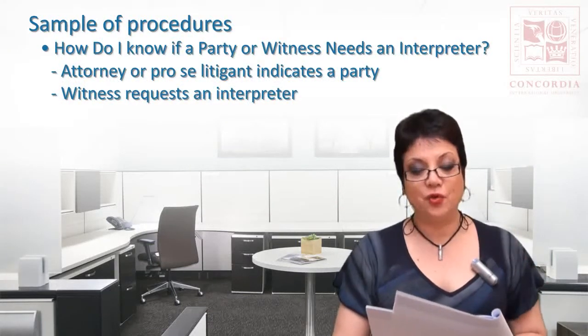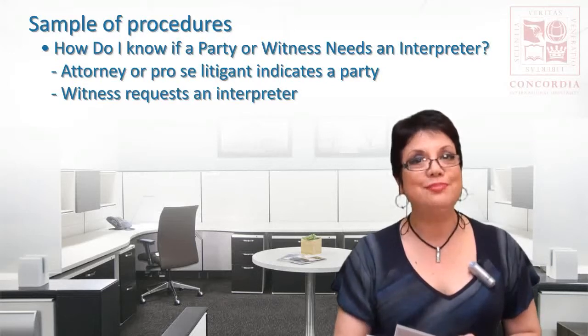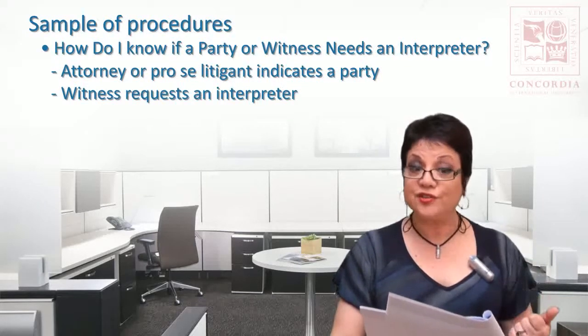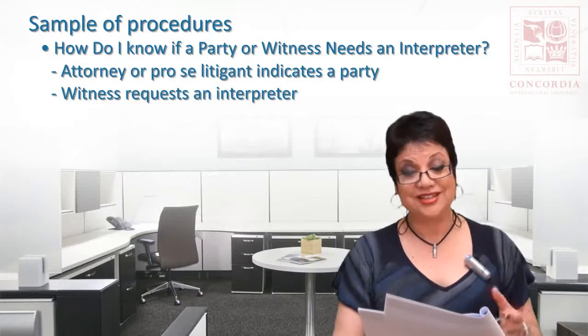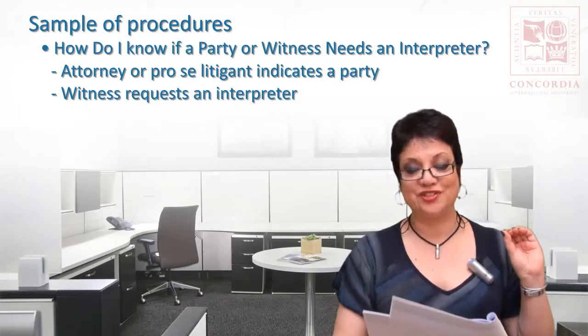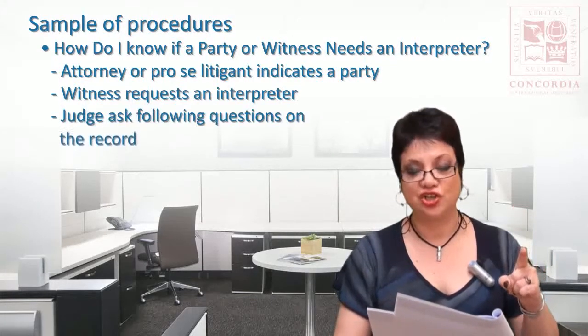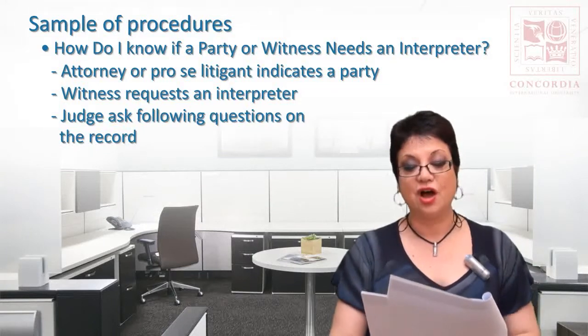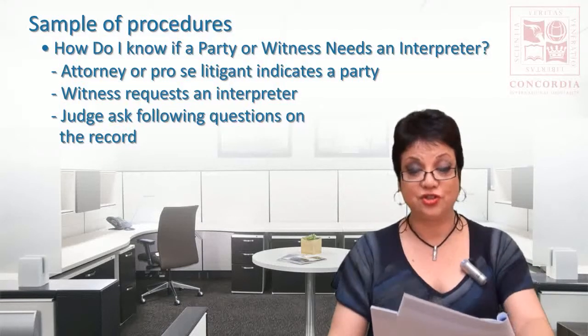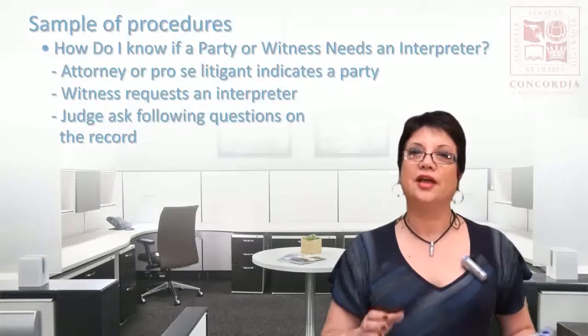If a request for an interpreter is not made, but it appears a party or a witness has limited English proficiency, a judge should ask the following questions on the record to determine if an interpreter is necessary.